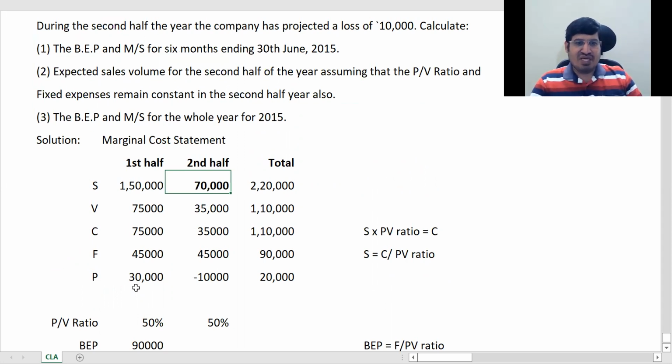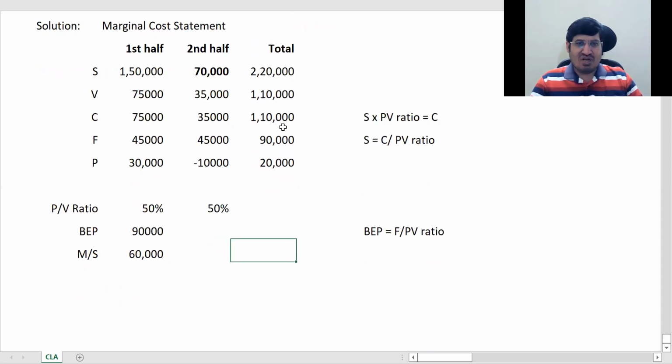The third is BEP and MS again for the whole year. Same thing you have to find for the whole year now. So again, your F will be the same for the whole year. Just do BEP equals F upon PV ratio, and then margin of safety is equal to sales minus break-even sales.